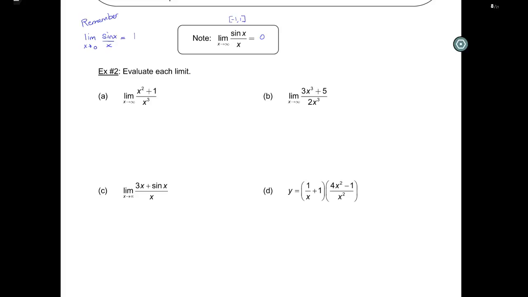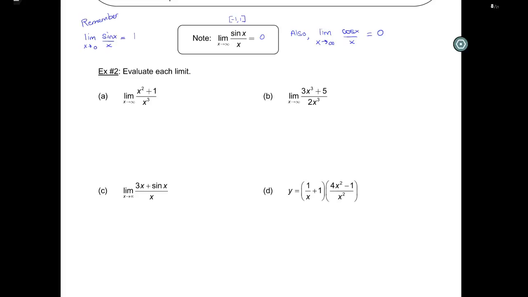So I'm just saying that they're two different limits, but for some reason, students sometimes get them switched around. Okay? Also, I'll just put in here, just in case it comes up, if you did the limit as x approaches infinity of cosine x over x, that would also be 0 for the same reasons, because cosine also stays between negative 1 and 1, and then the denominator would go to infinity, and we get 0.